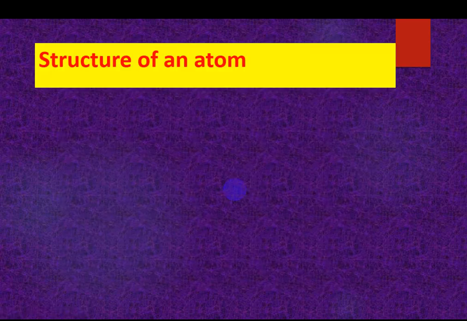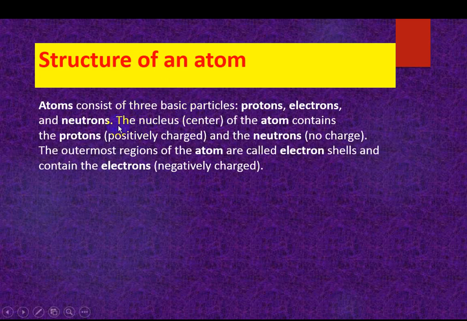Today we will learn the structure of the atom. You know this structure of the atom. An atom consists of three basic particles: protons, electrons, and neutrons. The nucleus, at the center of the atom, contains positively charged protons and neutrons, which are not charged.